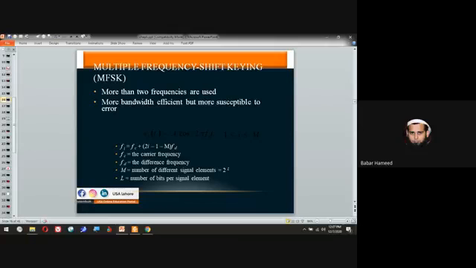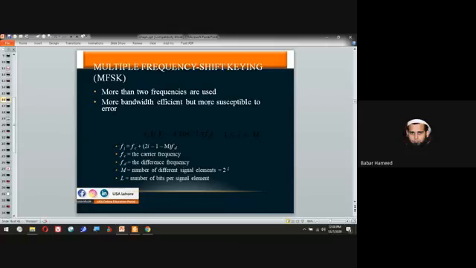It can be shown that the minimum frequency separation required is 2 f_d, which is actually equal to 1 over Ts. 1 over the time duration of the signal element means the minimum difference between carriers will be 1 over Ts, because if we have a lesser difference frequency, then there is a chance of interference of each signal with the other one.